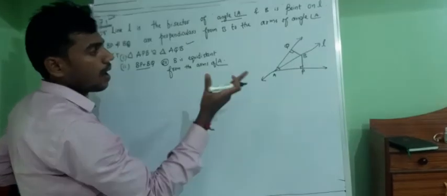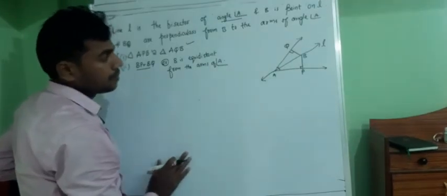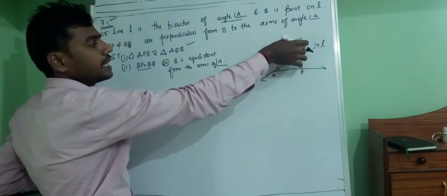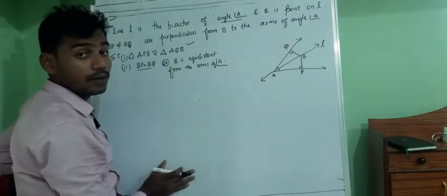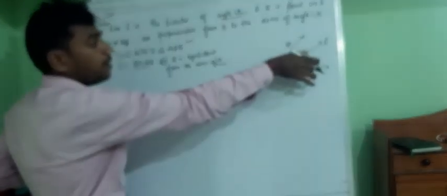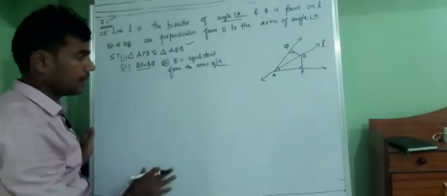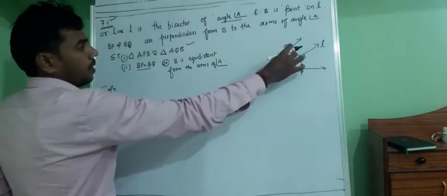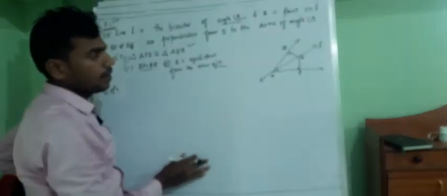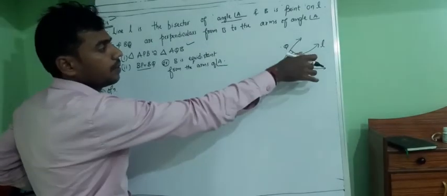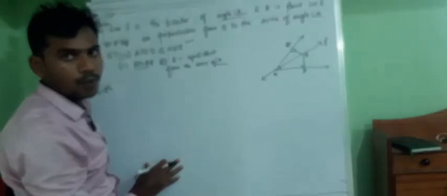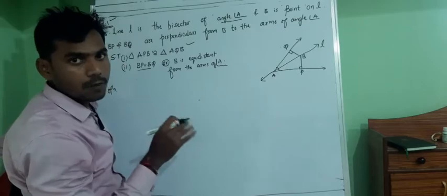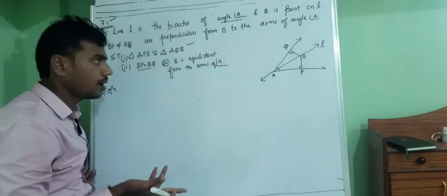So we need to show that B is equidistant from both the arms of angle A, or we need to prove BQ is equal to BP. If I am able to prove these two triangles are congruent, by default BP will be equal to BQ by CPCT rule. What is CPCT? Corresponding parts of congruent triangles.